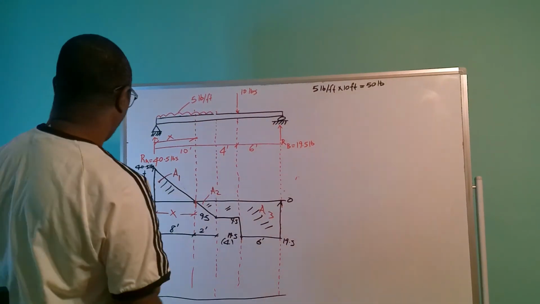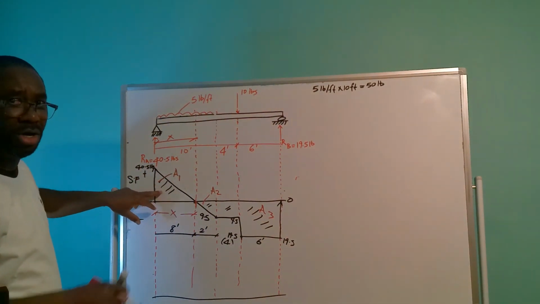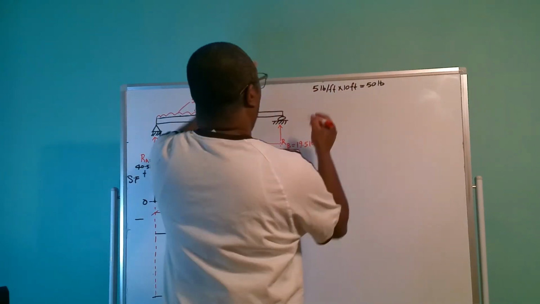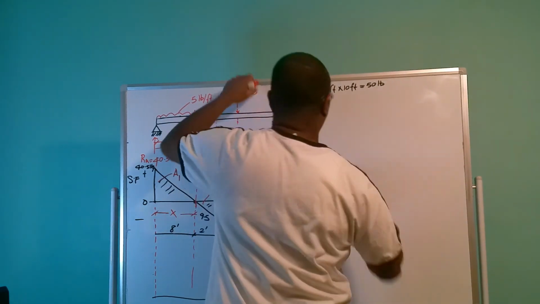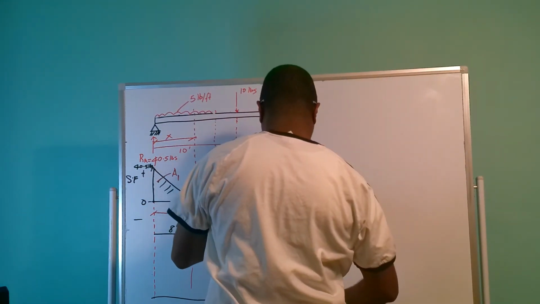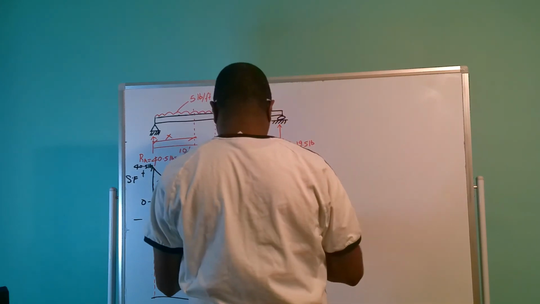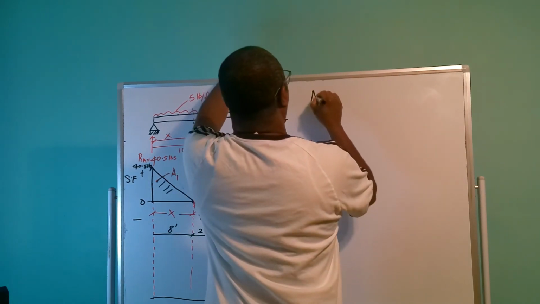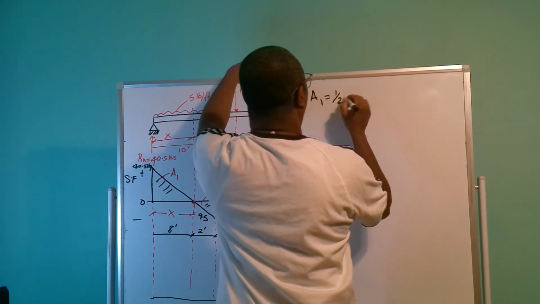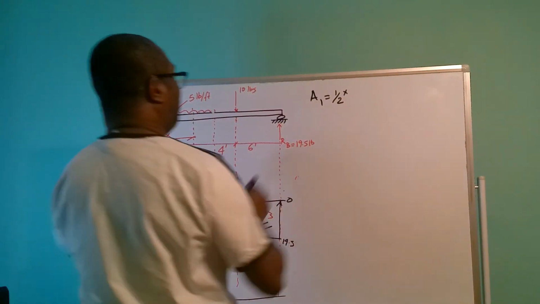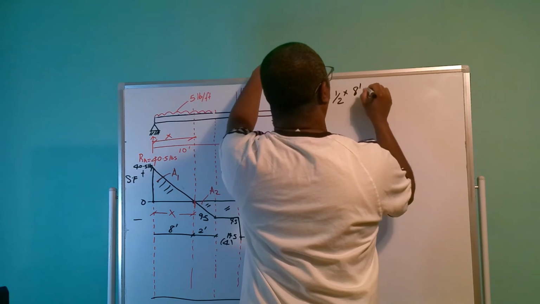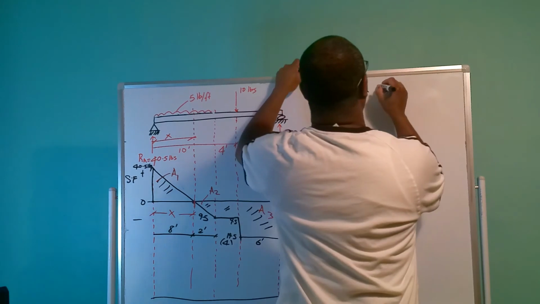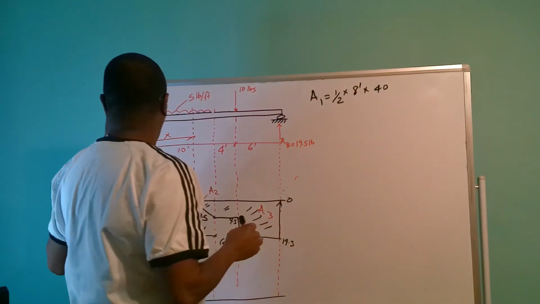So area 1 is a right angle triangle. Of course, the area is half base times height. So area 1 is going to equal a half times the base, which is 8 feet, times the height, which is 40.5 pounds.